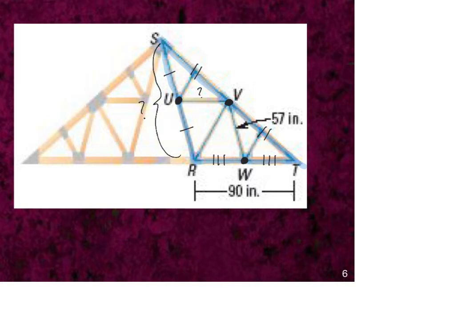Okay, and the only actual lengths that were given are RT, which is 90, and VW, which is 57, okay? Now, remember our mid-segments, so from V to W, it told us that's the mid-segment. So this has to be 1/2 of the side that's parallel. Which side of the triangle is parallel to VW?